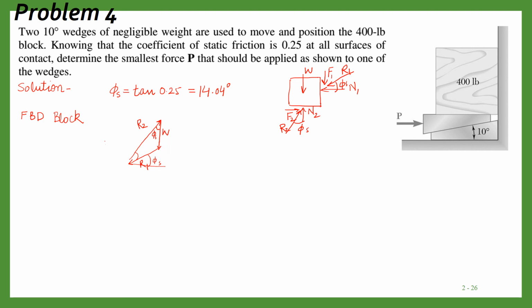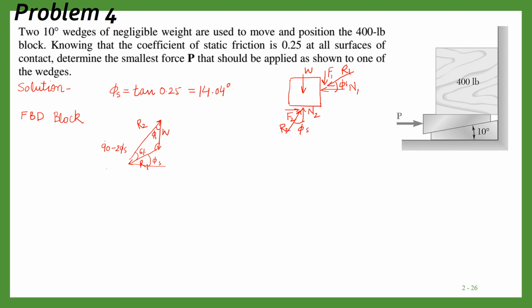So this angle will be 90 degrees minus 2 times phi s. This is just geometry, you can work it out, it's not a big problem. So this comes out to be 61.9.